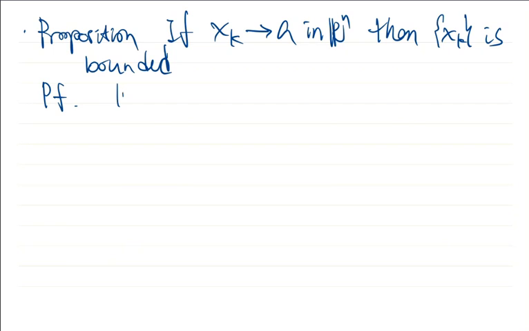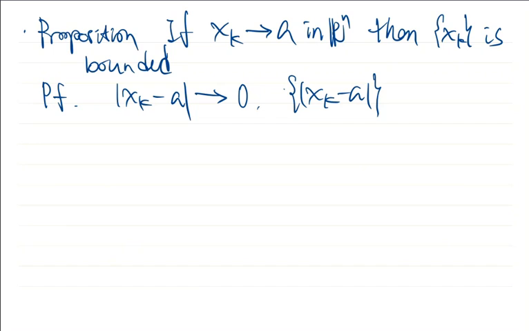Because xk converges to a, therefore the distance from xk to a converges to 0. Therefore, this real sequence, this distance, consists of a sequence of real numbers.